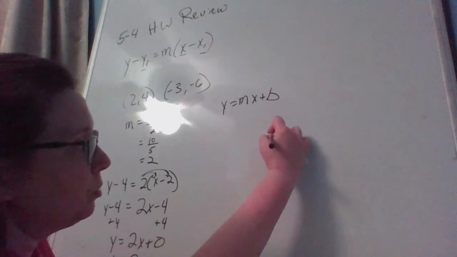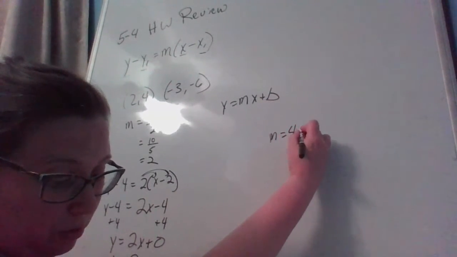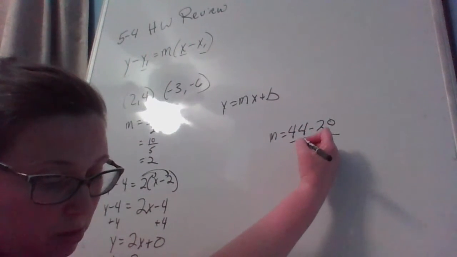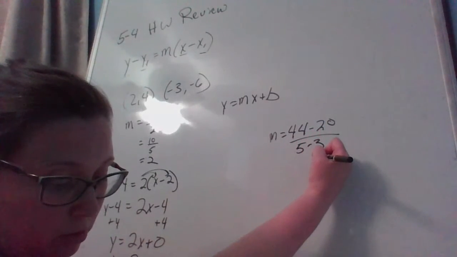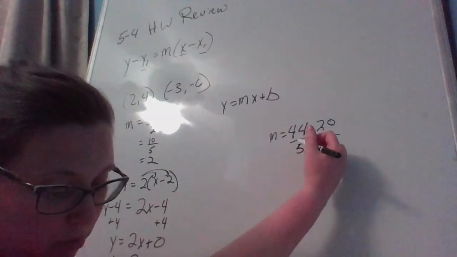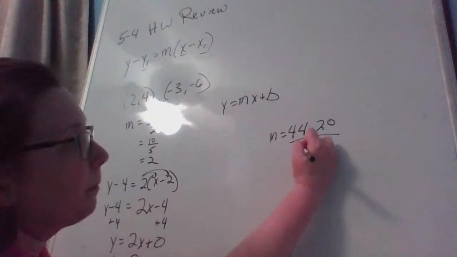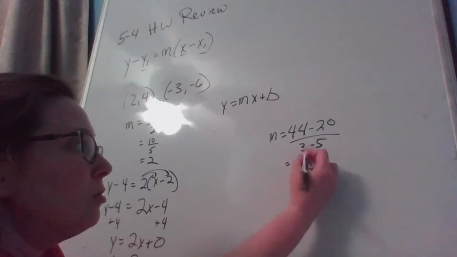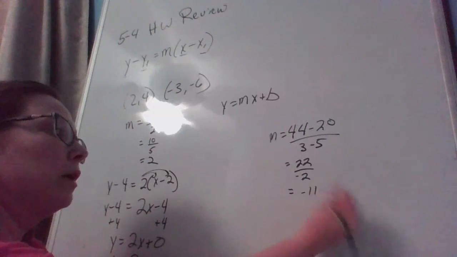So we're going to take 2 of these points, and let's see, I'll use 44 minus 20 over 5 minus 3. That goes backwards. 3 minus 5. So when this reduces, we get 22 over -2, which is the same thing as -11.